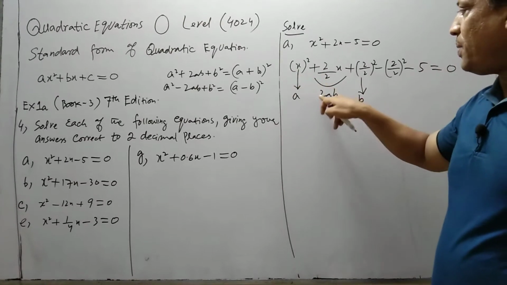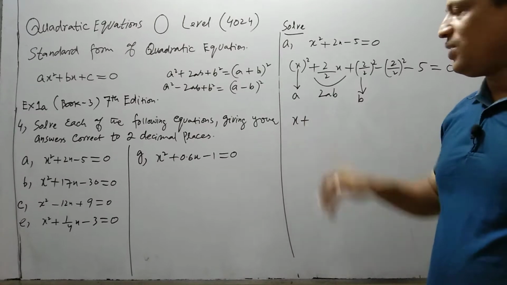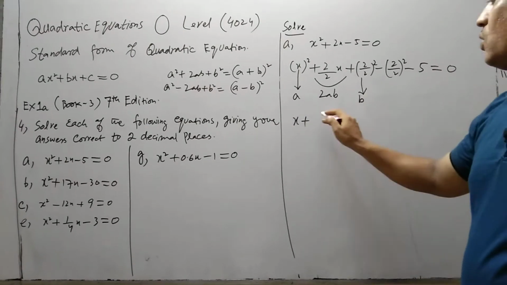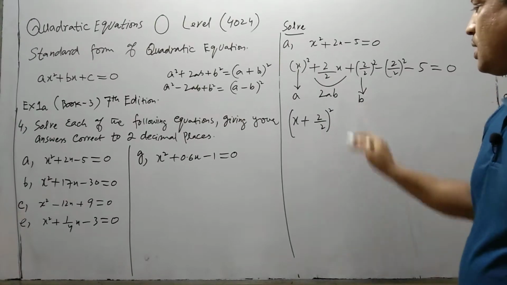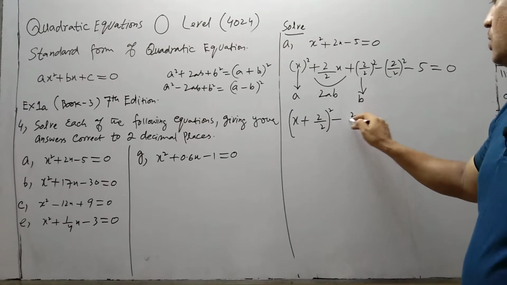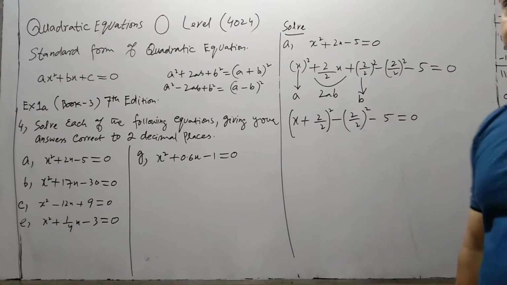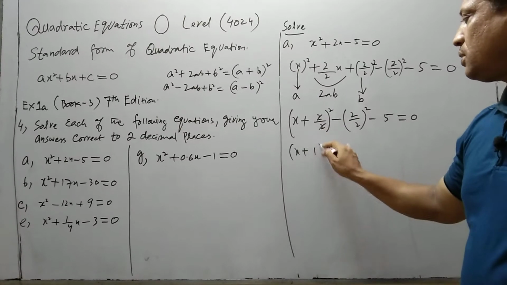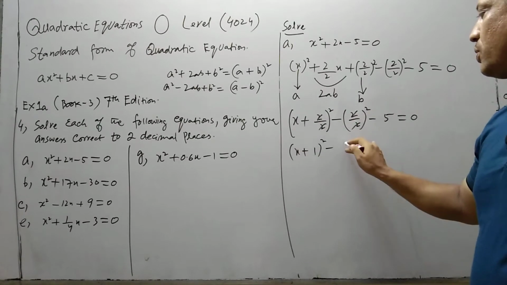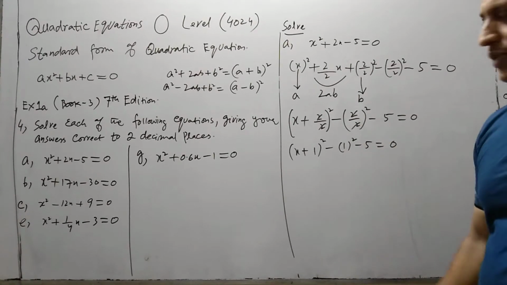So a square plus 2ab plus b square gives: a, which is x, b, which is 2 upon 2, square, minus (2 upon 2) square, same, minus 5 is equal to 0. (x plus 2 upon 2, which is 1) square, 2 upon 2 is 1 square, minus 5 is equal to 0.